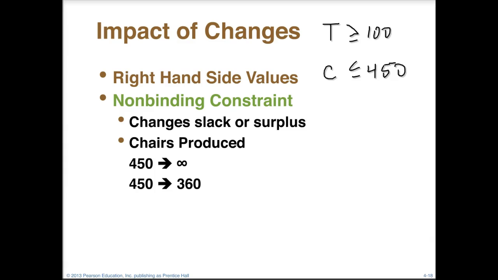So here what we're saying in terms of chairs, if we're allowed to make an infinite amount of chairs, instead of just maxing out at 450, how would that look? And if we were able to decrease the amount of chairs from 450 to 360, how would that look?